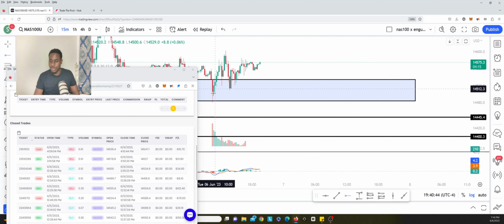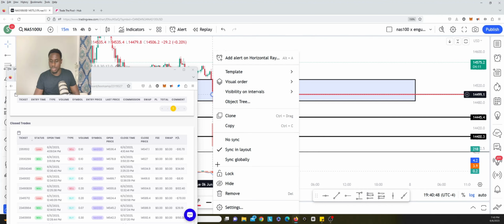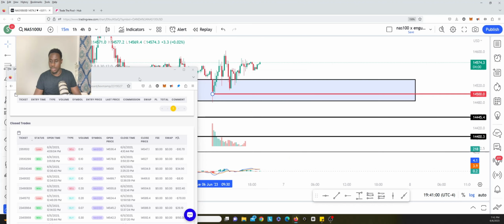The next trade now, same 9:30 candle. Okay, 9:30 candle. 14,500, right? And then I think I got stopped out here. And that was at 11:25.